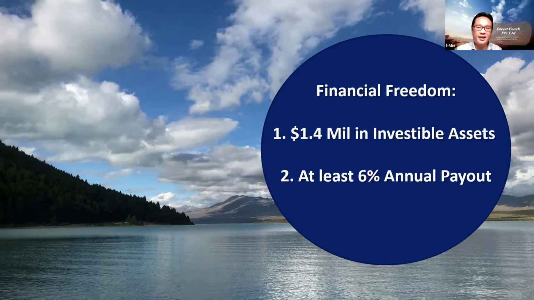So basically, if I have 1.4 million invested, giving me 6%, I will have an average of $7,000 per month as passive income, which is just nice, can cover my expenses, and I am financially free. So this is how you should set your investment objective.